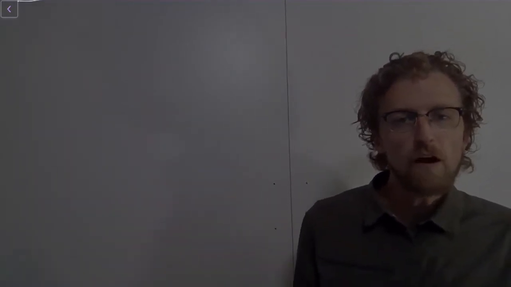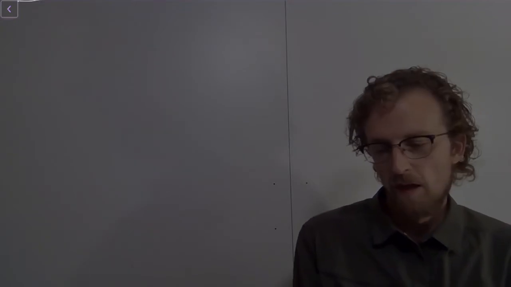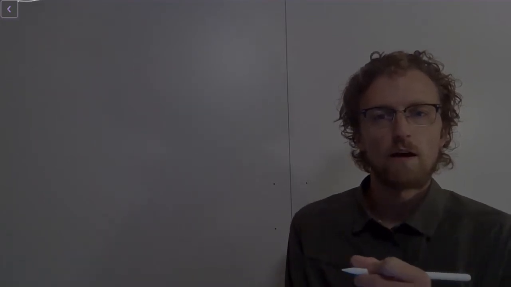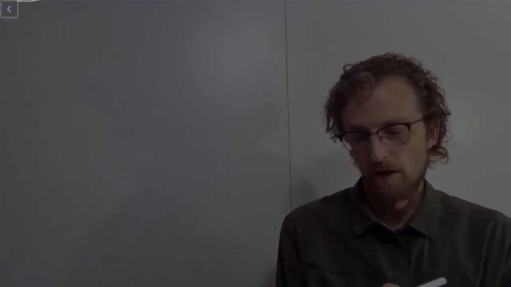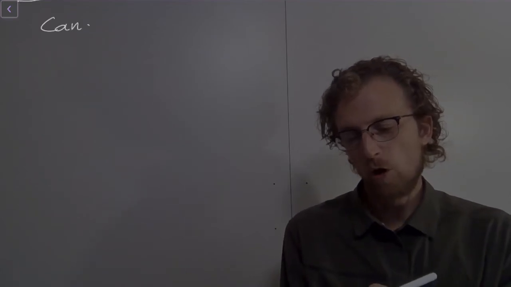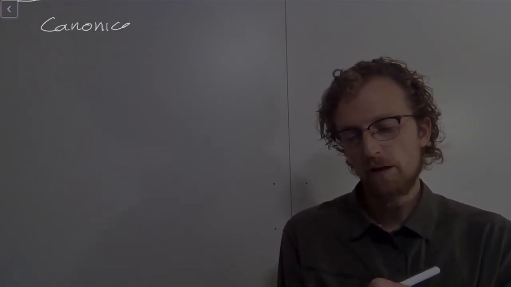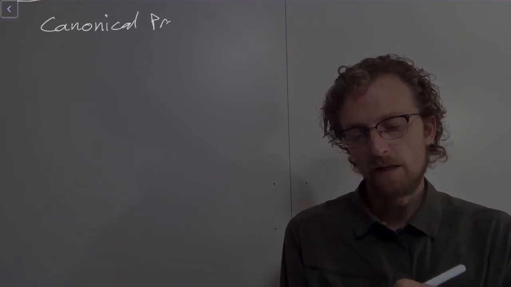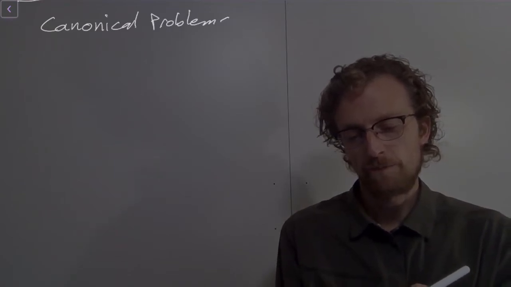Okay, one of the things we talk about in algorithms all the time is the concept of a canonical problem. You can think of a canonical problem as a benchmark that we use to try to understand how to optimize algorithms, how to design algorithms, how to make them work better. One of the core and very simple canonical problems that we have is the sorting problem.